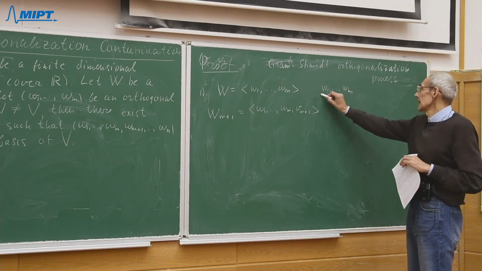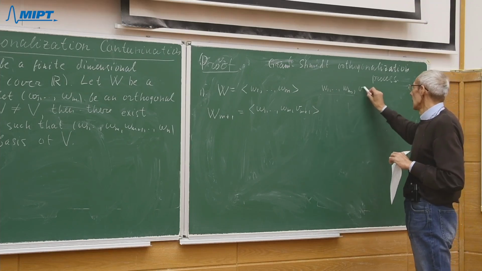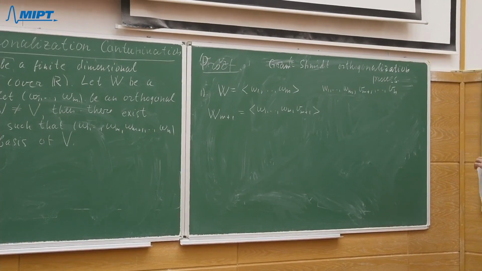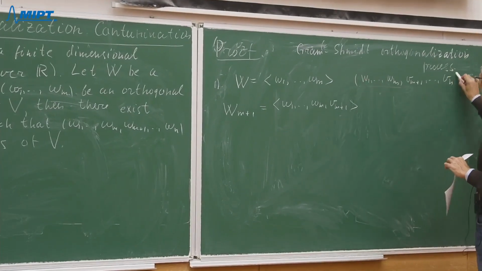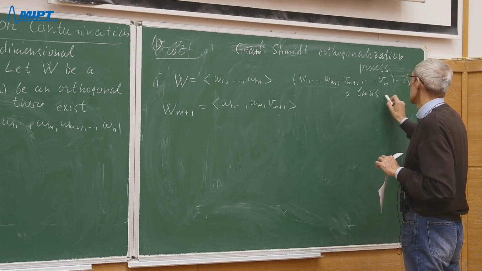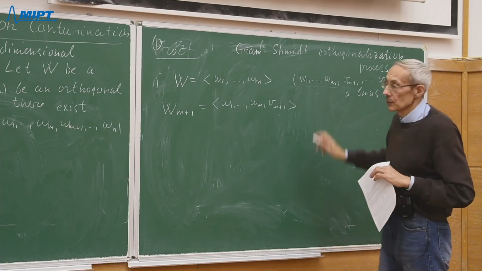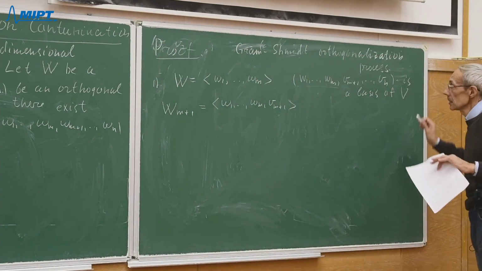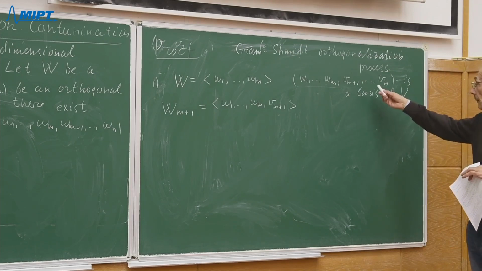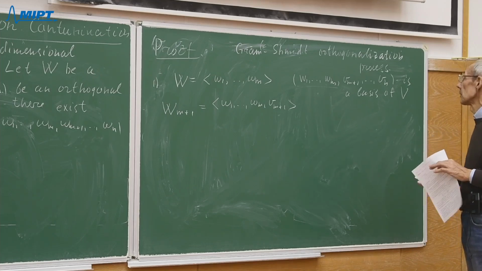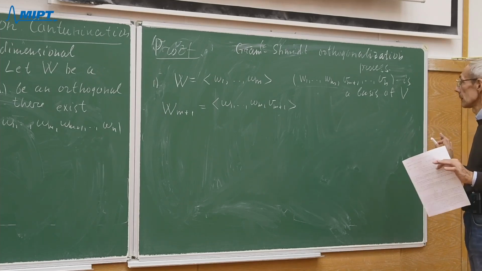And we extend the system to a basis in all vector space V. We obtain some basis of V. The first m vectors are orthogonal, but the other vectors form a rather arbitrary basis which is not orthogonal.